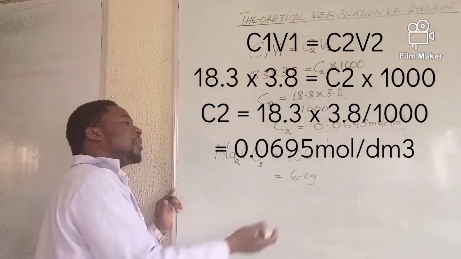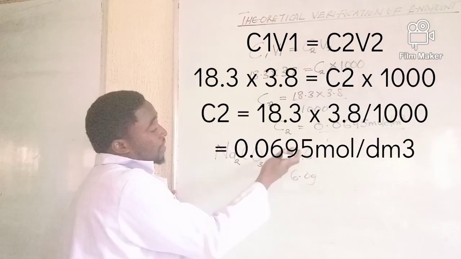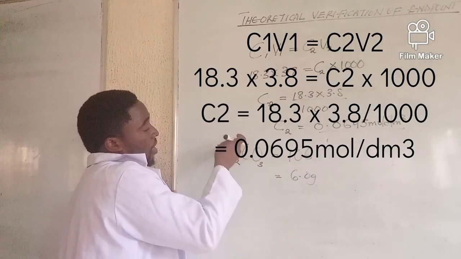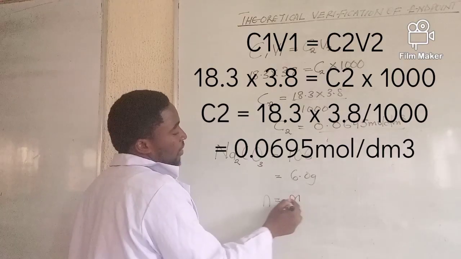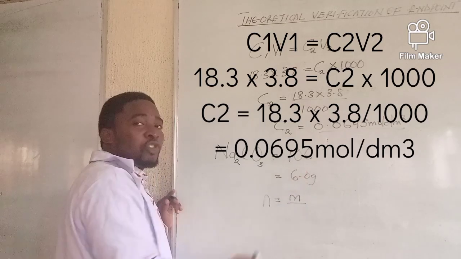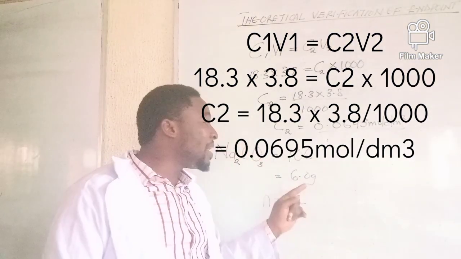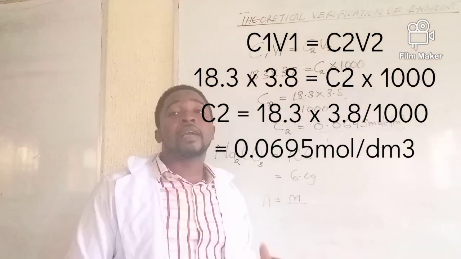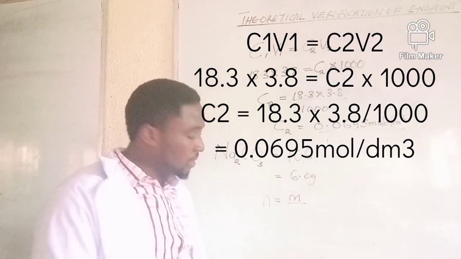Because we are asked to measure 6 grams of this salt, it should be very easy for us to find the molarity of this solution simply by writing n is equal to small m, which is the reacting mass given to you in the question, because they said this mass must be in 1 dm cube of the solution, which means that this 6.0 can also be called the mass concentration of the carbonate.